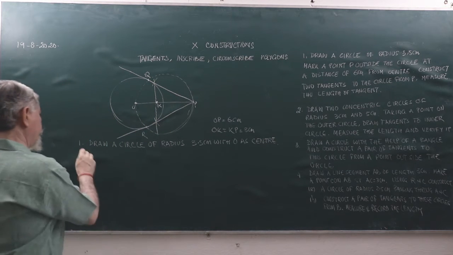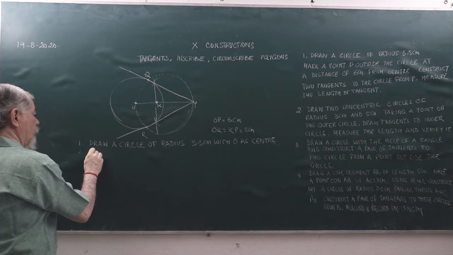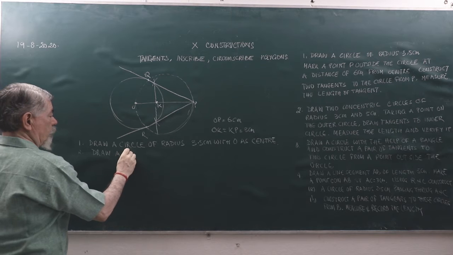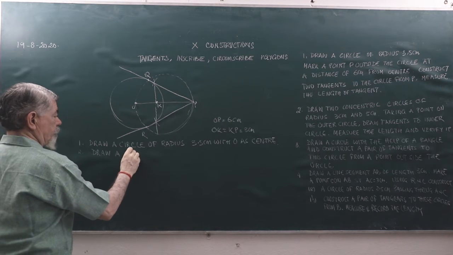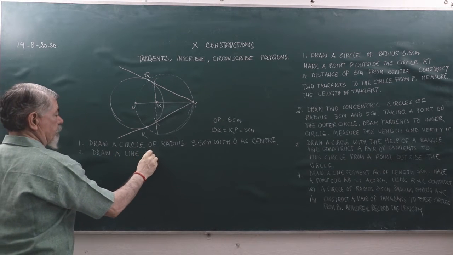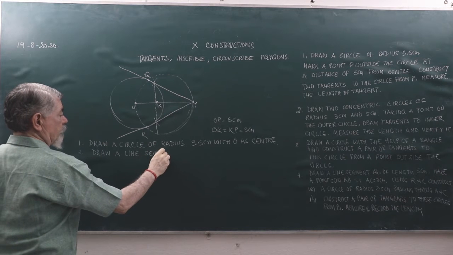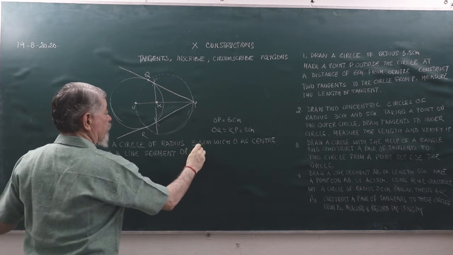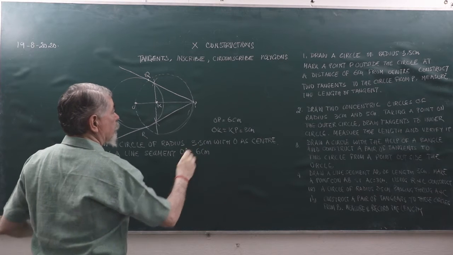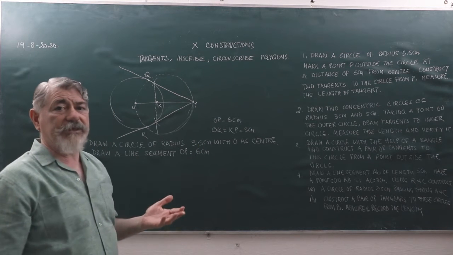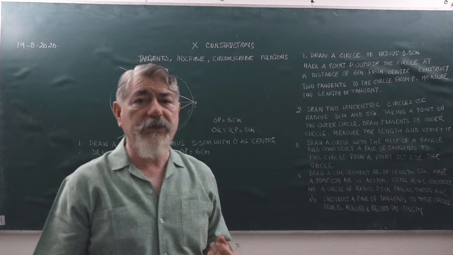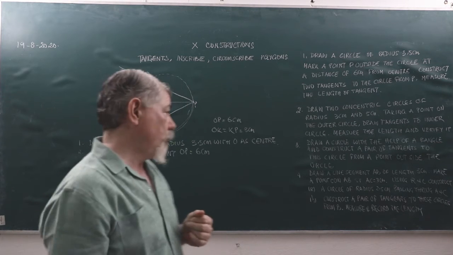Next step is, draw a line segment OP equal to 6 centimeter, because the point P is given at a distance of 6 centimeter from O.